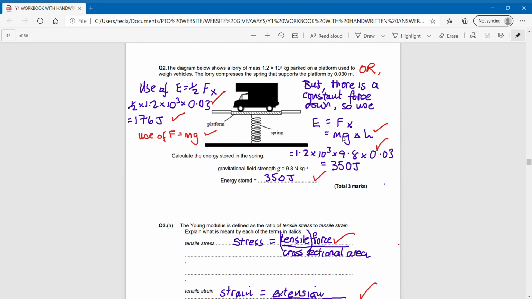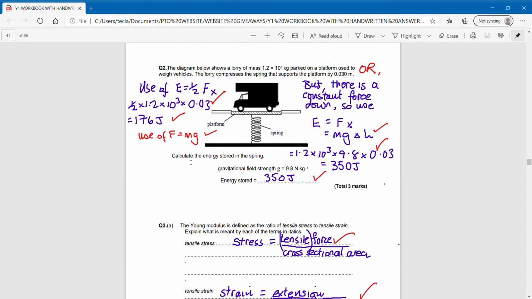The force is mg, mass times gravitational field strength, and the height is the extension of the spring, compression of the spring, we should say. So that gives us 1.2 times 10 to the 3 times 9.8 times 0.03, which equals 350 joules.